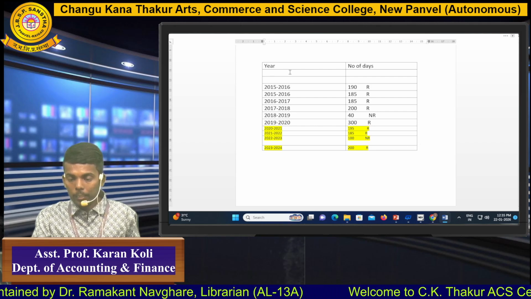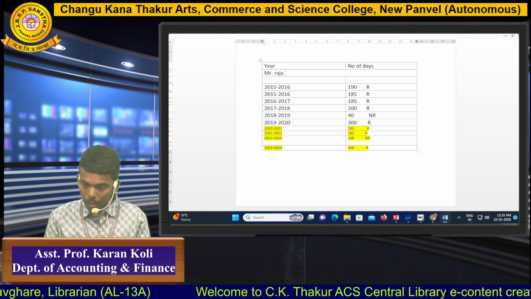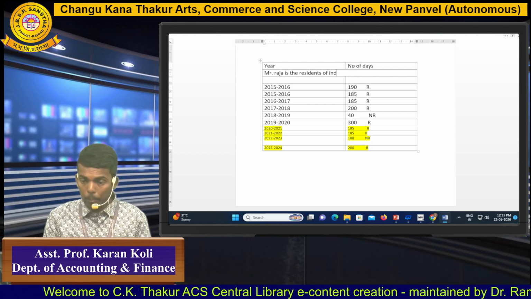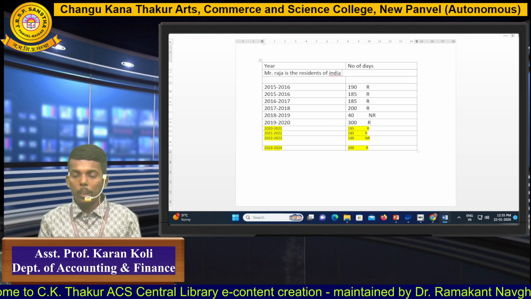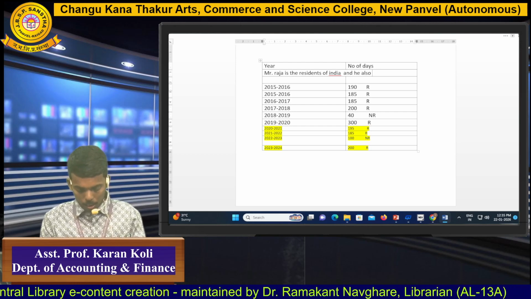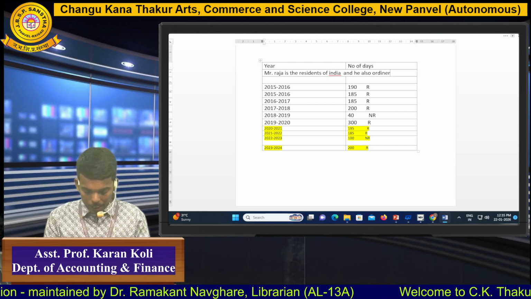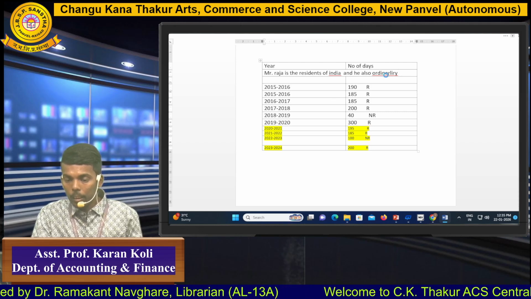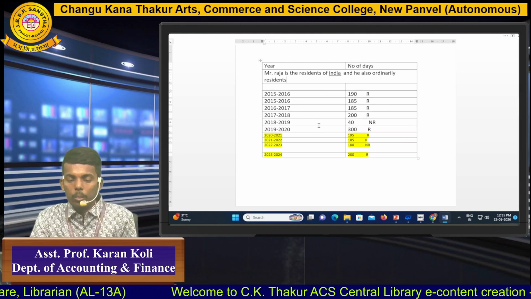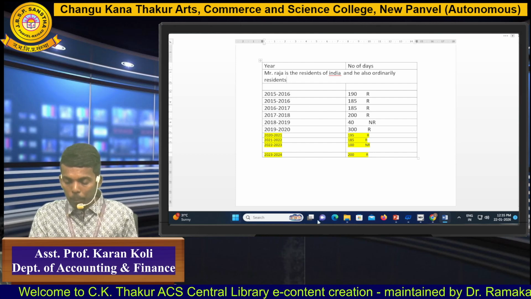Mr. Raja is a resident of India because he satisfies one of the basic conditions, condition number 2, and he is also an ordinarily resident of India because he satisfies both additional conditions. So what is our final conclusion?